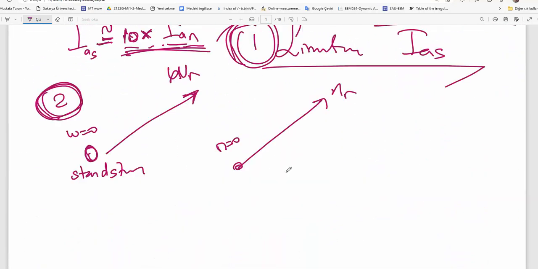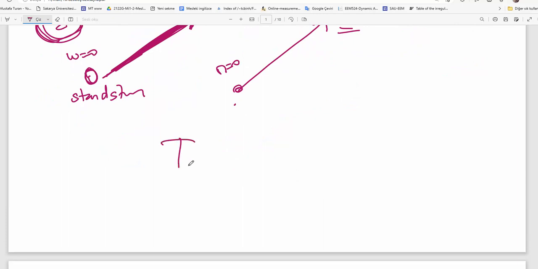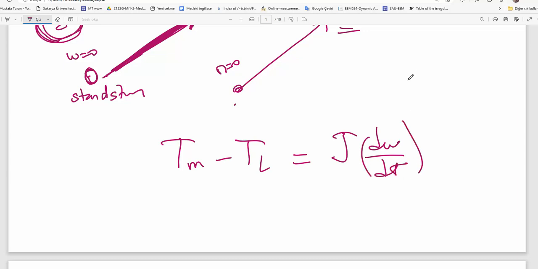Remember, our major aim is gaining speed from standstill to the rated speed, for example. To manage this, remember Newton's equation, by neglecting viscous friction here.